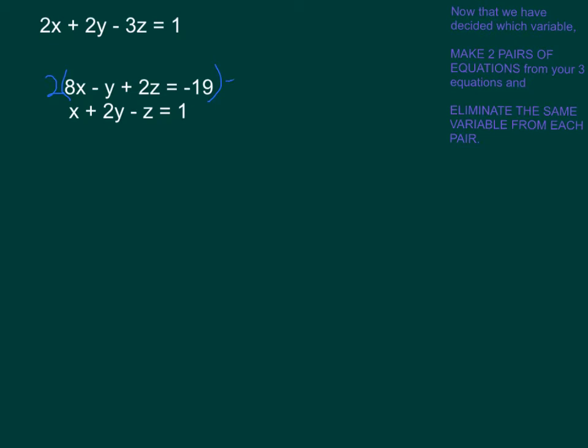We're going to get, on the top, 16x minus 2y plus 4z equals negative 38. And our bottom equation is going to stay the same.